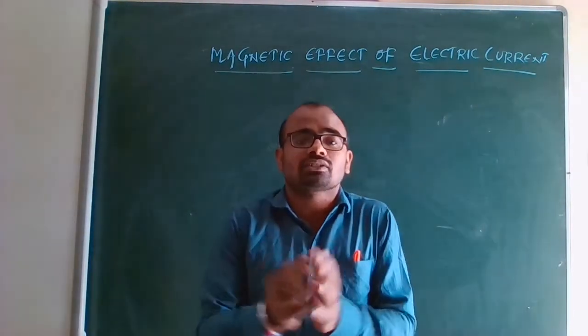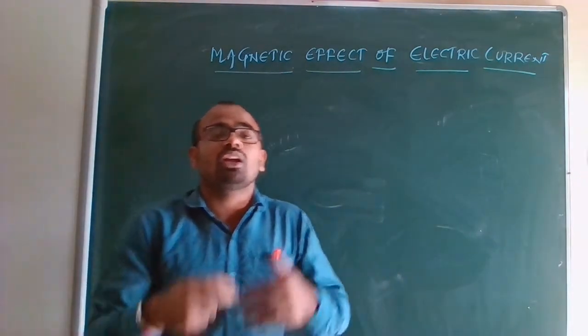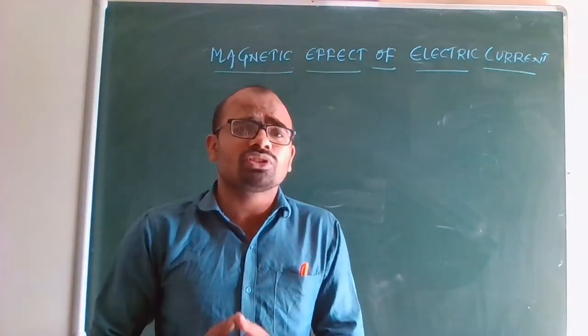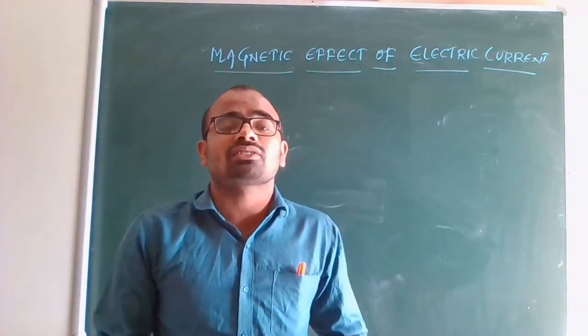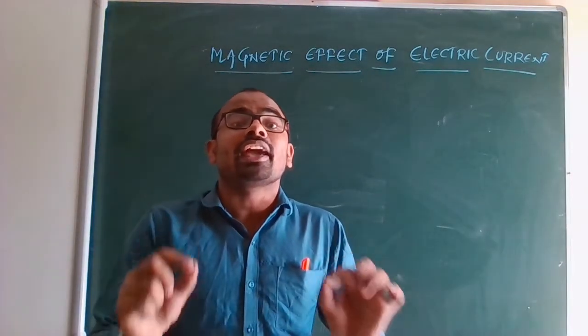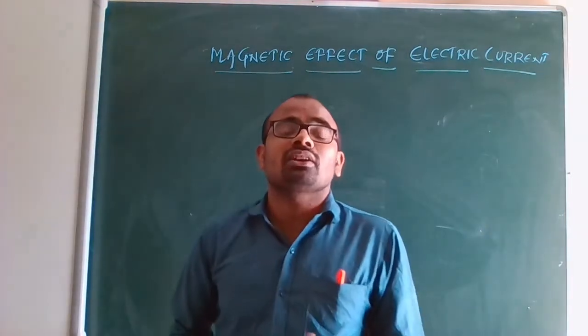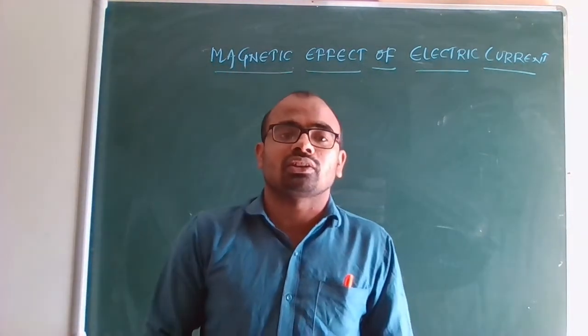If the magnetic field lines are more crowded, the magnetic field strength will be more. If they are less crowded, the magnetic field strength will be less. And the most important property: magnetic field lines never intersect each other.